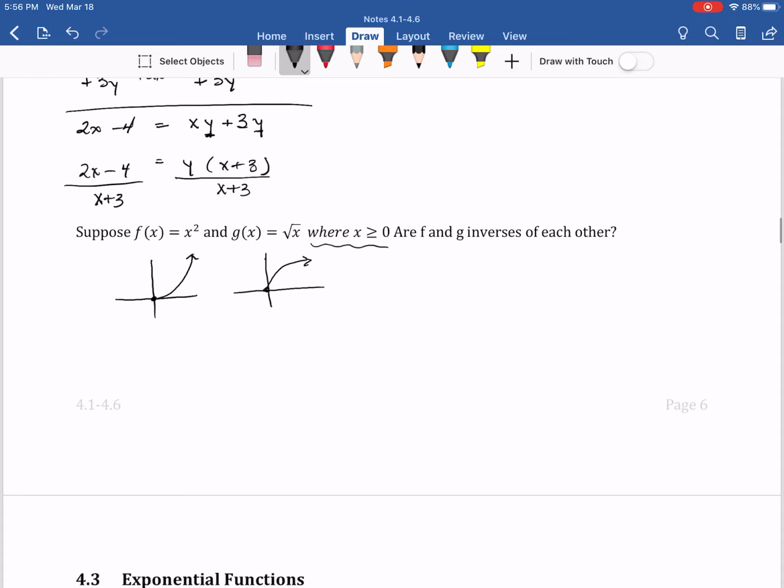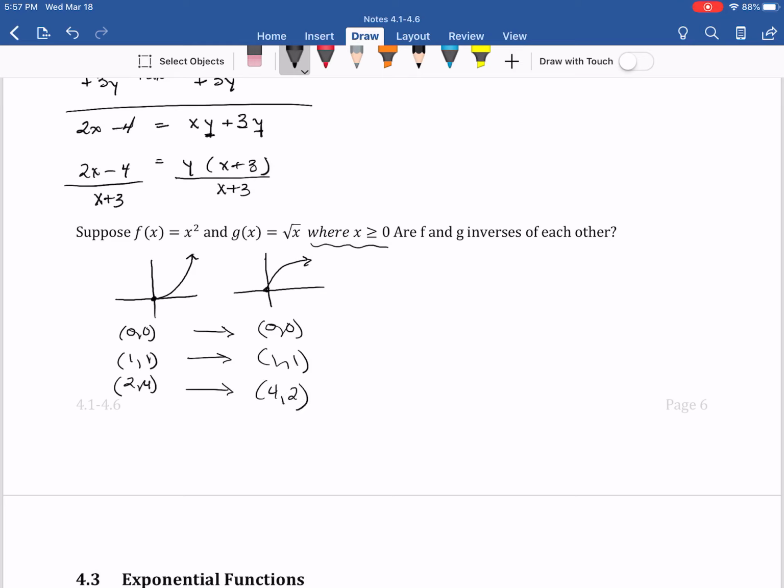Consider a couple of points. How about 0, 0? How about 1, 1? How about 2, 4? Those are all on the graph of f, right? To be on the graph of g, if g truly is the inverse of f, then that would mean that the ordered pairs 0, 0, 1, 1, and 4, 2 would be on its inverse.